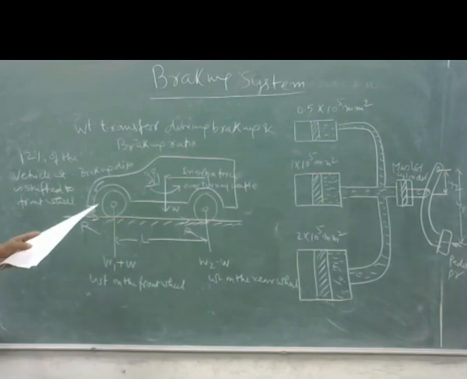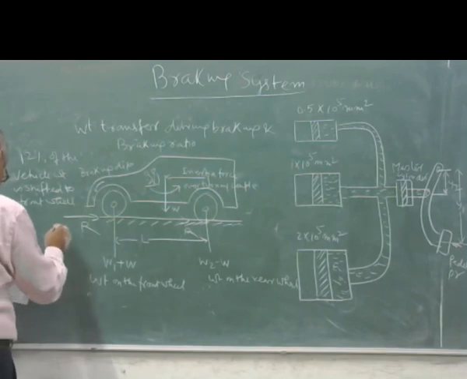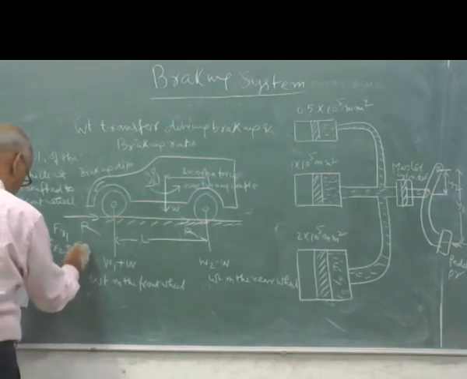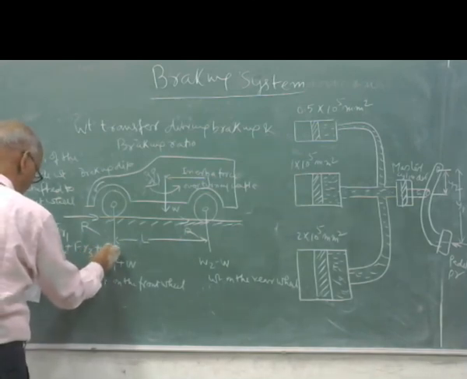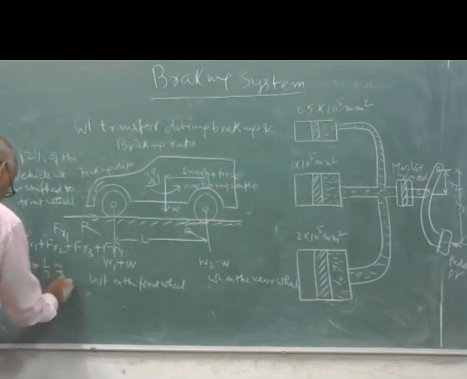For maximum retardation, just a few lines more. This is FR1. So we can see that FR is equal to FR1, FR2, FR3 and FR4. All four wheels have the reaction force. So FR into D, the distance traveled by the vehicle, equals half W by g V square.